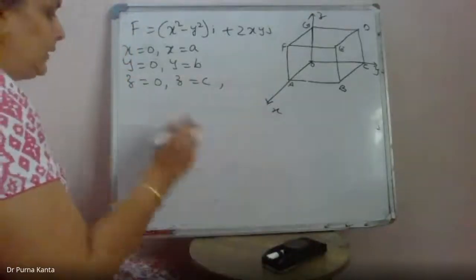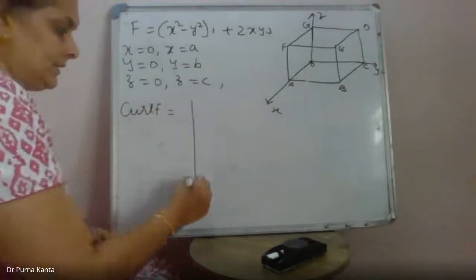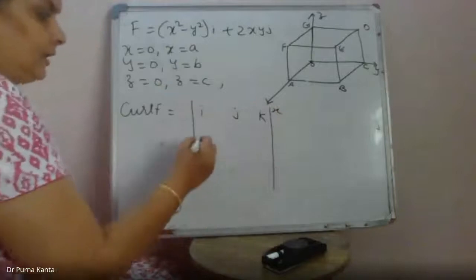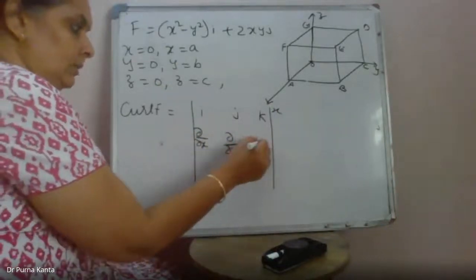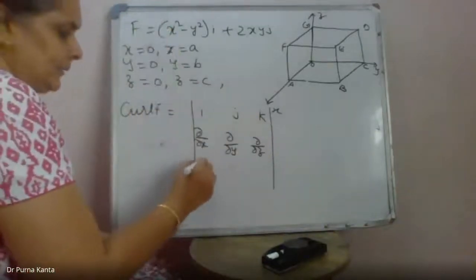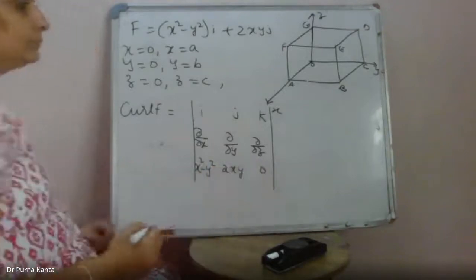Now we go with curl F first. What is curl F? The determinant with i, j, k, del by del x, del by del y, del by del z, and the components x squared minus y squared, 2xy, 0.